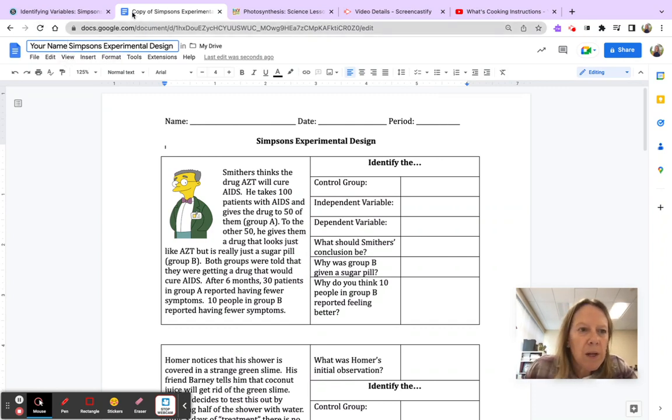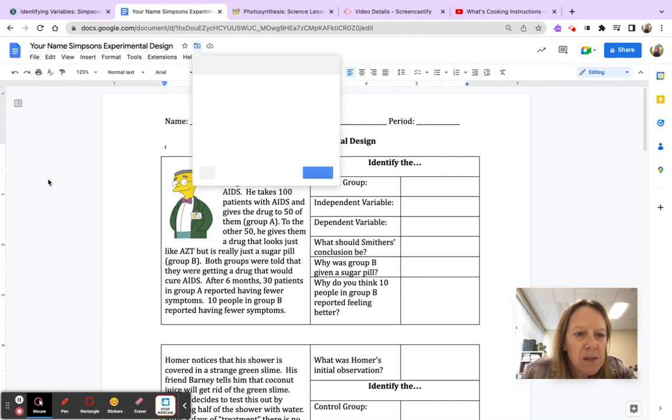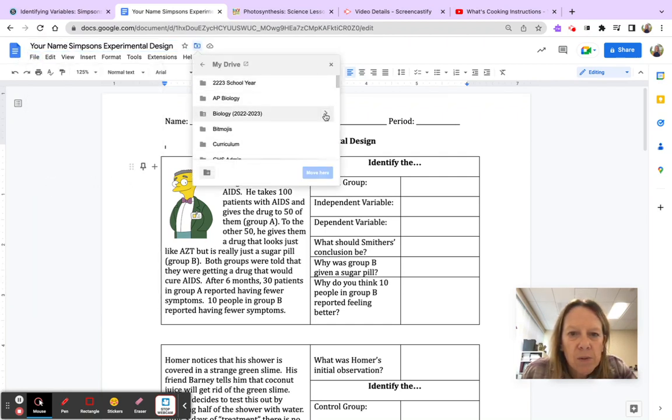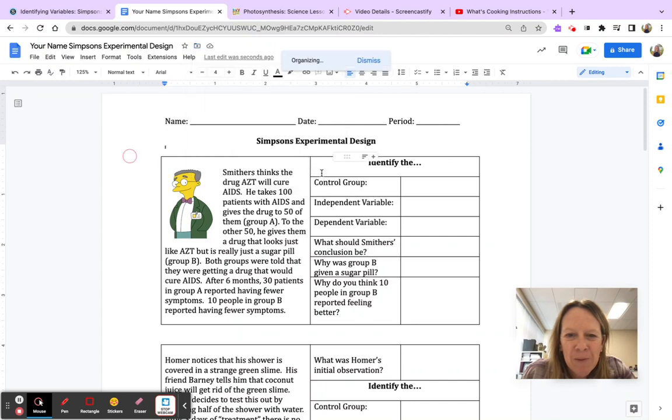We're going to put our own name on it, and we are going to move it to, what did we name it? You're going to move it to your 2022-23 school year in your biology folder. Okay, we're going to move it here.